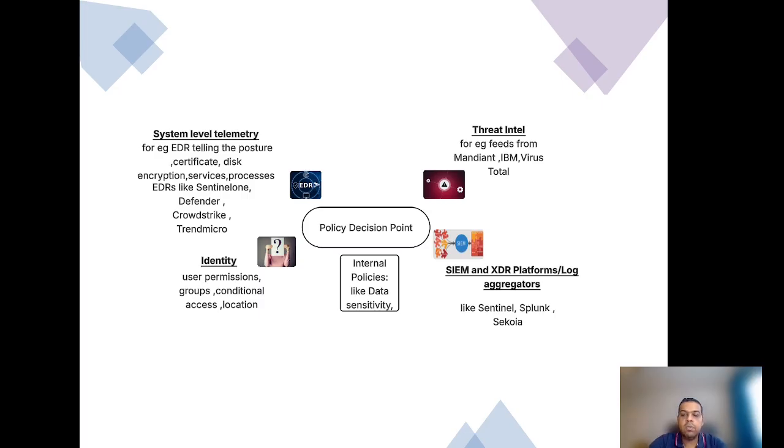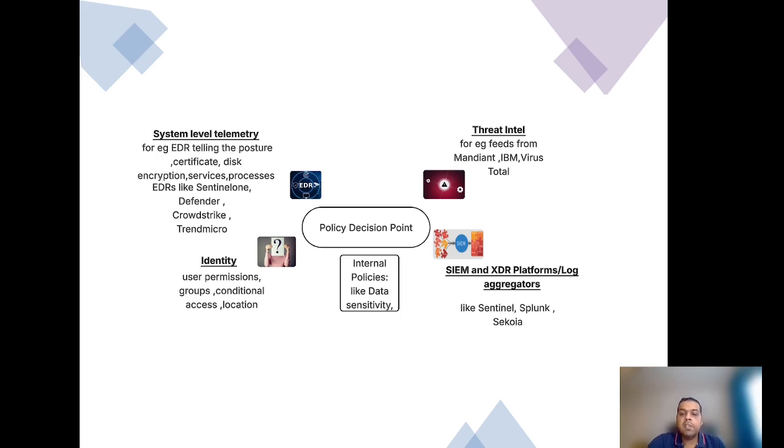So, for example, if a user has a certain way of accessing the applications, a certain time of accessing the applications, based on the regular activity of the user, you will get a certain risk score.